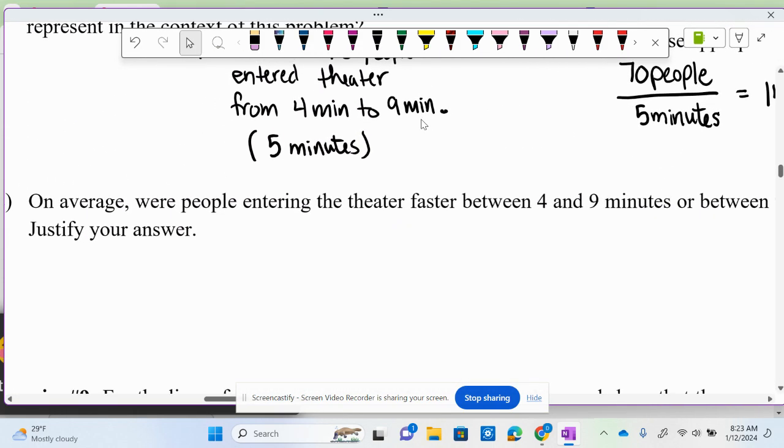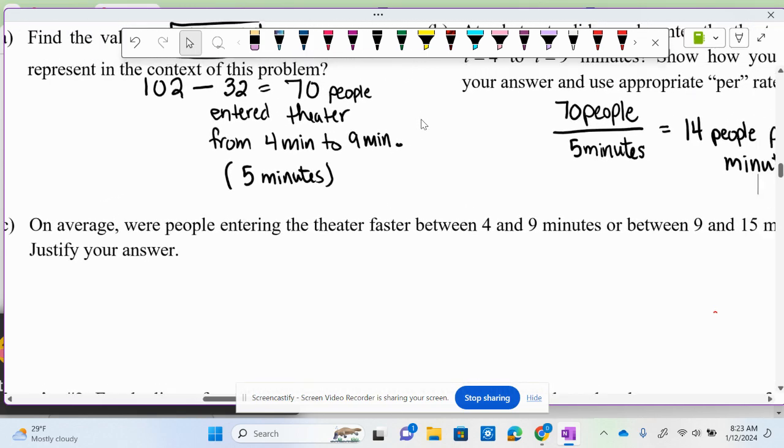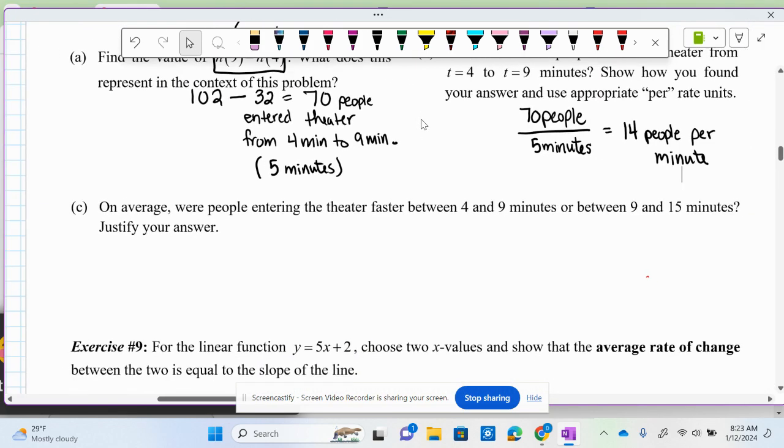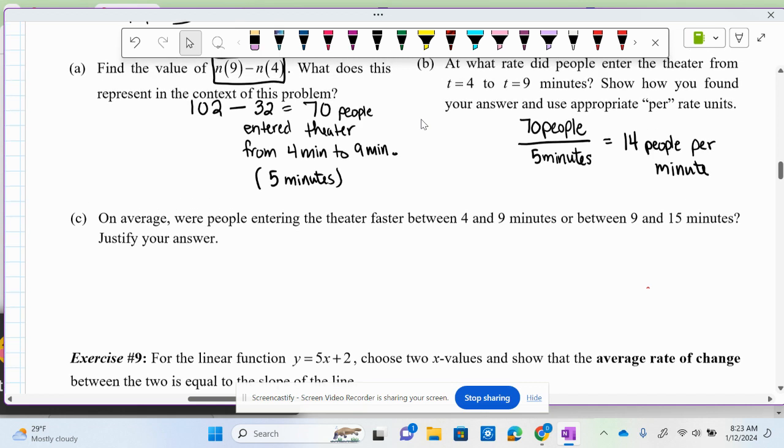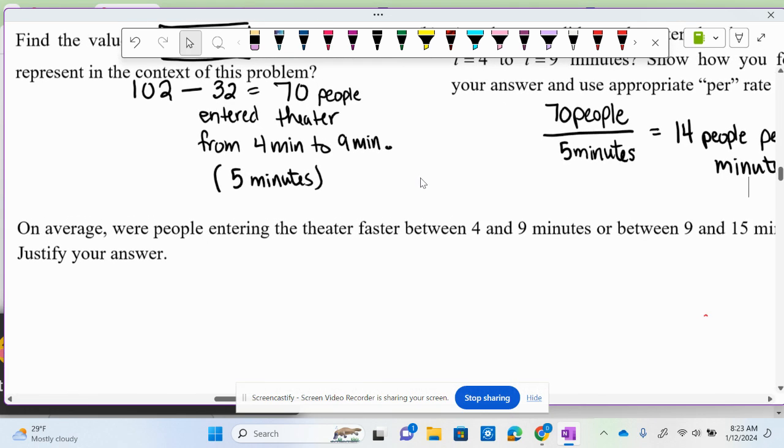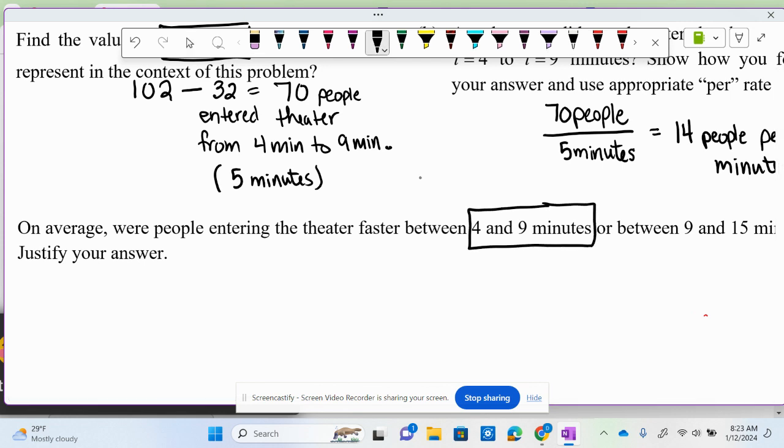So on average, were people entering the theater faster between 4 and 9 minutes or between 9 and 15 minutes? So that first question, A and B, taught us how to find the average rate of change. And now we're going to do it kind of quickly, not all at once. Well, we know that the interval between 4 and 9 minutes, how many people entered? 70 in a 5-minute interval, or 14 people per minute, right?